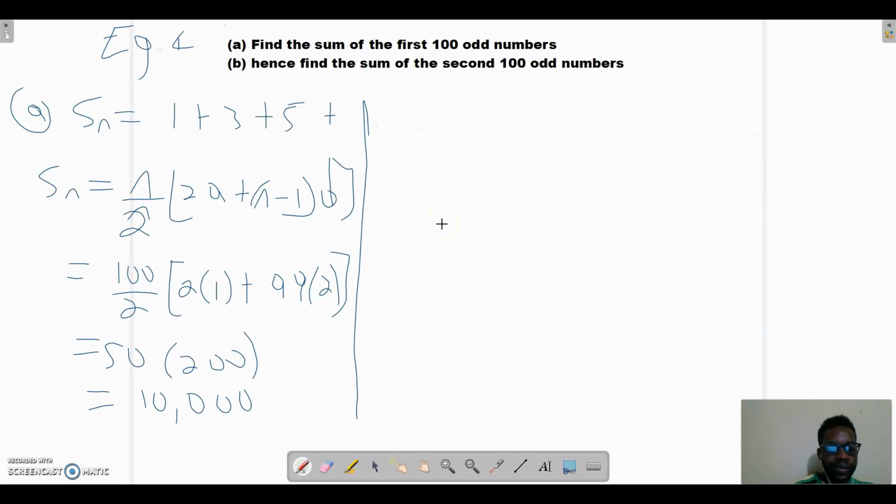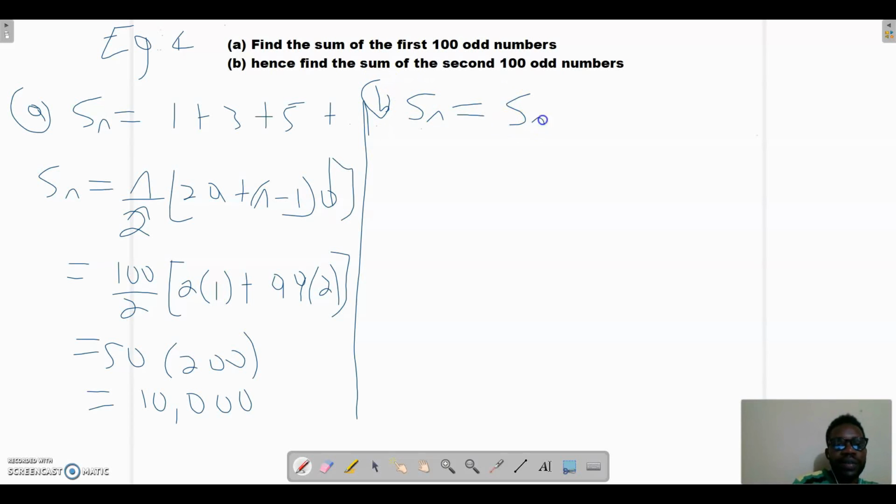But here's an easy way to look at it. It is easy to sum the odd numbers from the first odd number up to a point. So if I want the sum of the second 100, I could find the sum of the first 200 and then subtract the sum of the first 100. So what we're saying here, let me call this part B. We want the sum of the second 100 odd numbers.